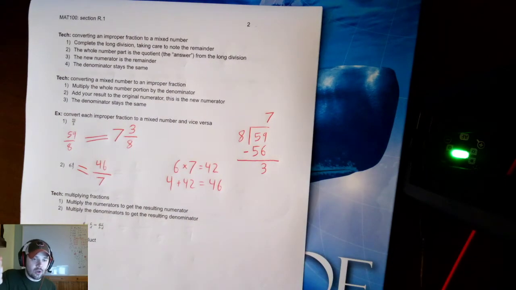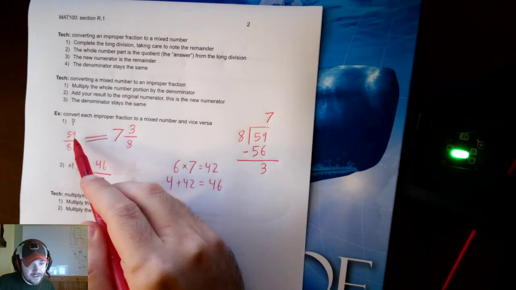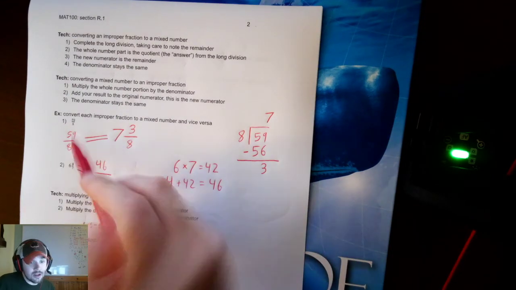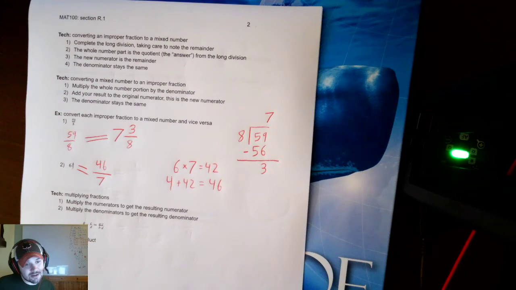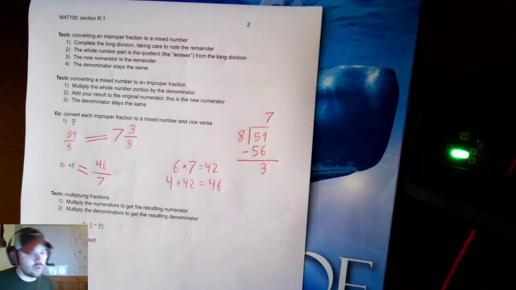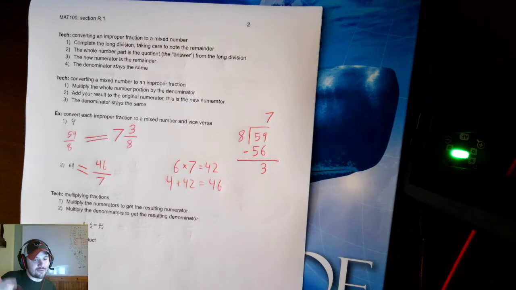You take 7 whole cups and then 3/8 a cup extra. If a recipe called for 59/8 cups of flour, that wouldn't make very much sense, right? That would be difficult to measure. Are you going to take your 1/8 cup and do it 59 times? Probably not. The mixed number is easier to understand. The improper fraction is easier to manipulate and do calculations with. So that's why there's two different concepts here.